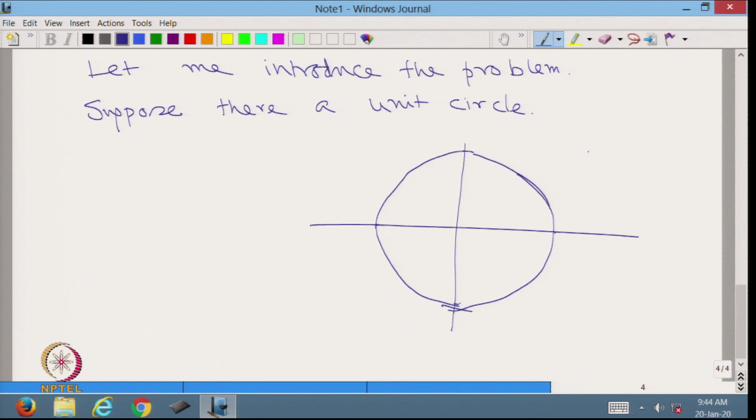So, let us assume that this is a unit circle and there is an equilateral triangle inscribed in it.